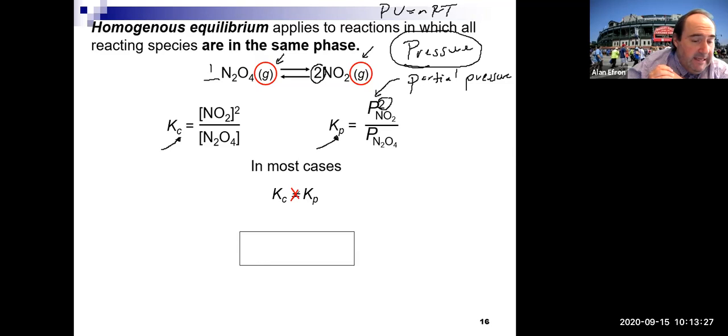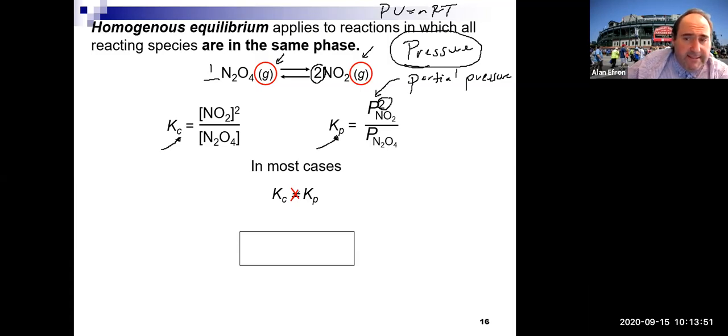So much like a Kc, if you have a large value for Kc, it means mainly you have products. If you have a large value for Kp, it also means you mainly have products, and probably on that product side, you have a gas that's contributing a lot to the pressure. And vice versa, if you have small values, you would have mainly reactants that are providing the pressure.